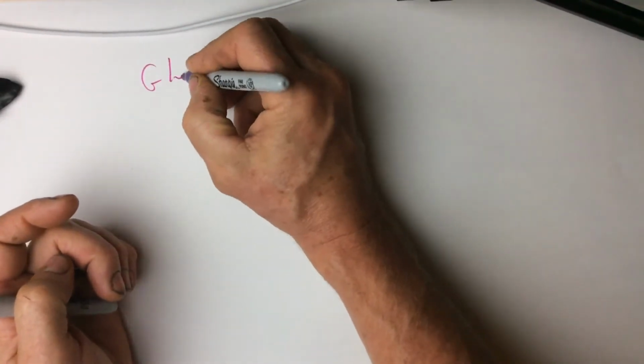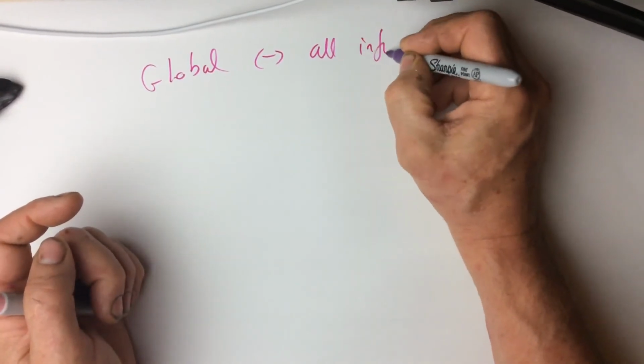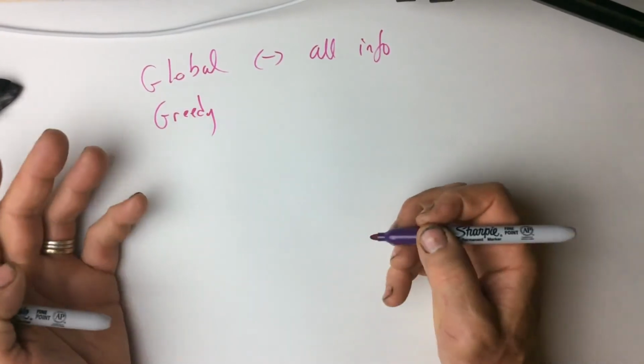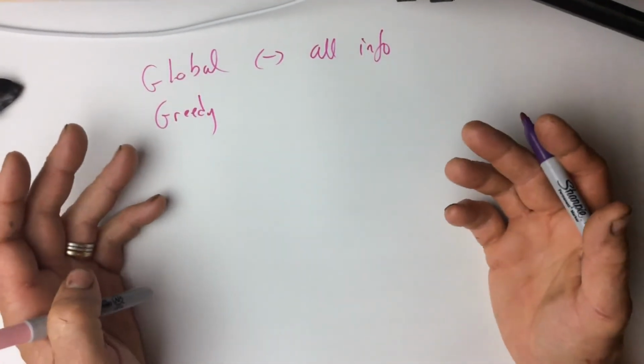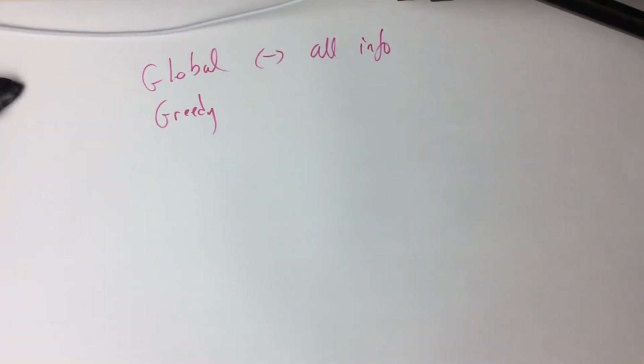Now, global. All info. I want it to be greedy. How can I use all of the information? Well, one way is to look at every single edge and say, well, which is a good edge? Should I consider only using small edges, or should I consider using pairs of small edges?